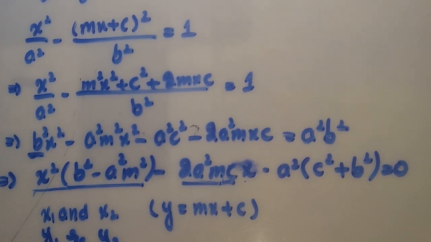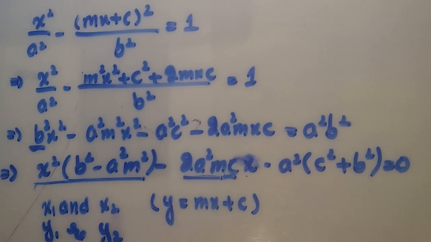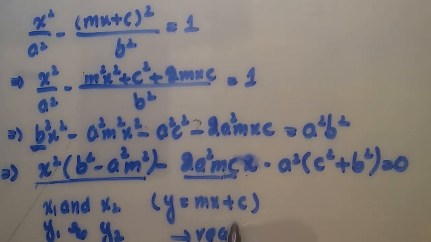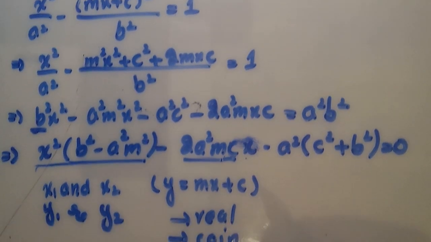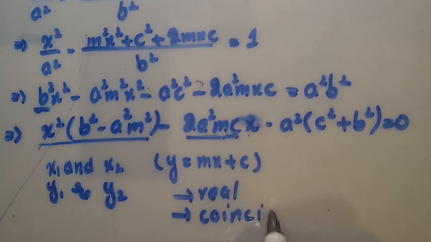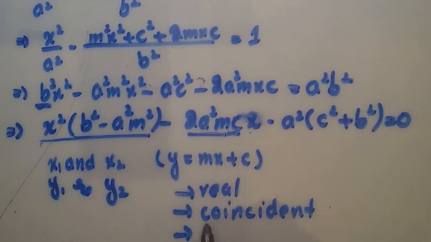Dependent upon these, the values may be real, coincident, and imaginary. How will we observe whether these values are real or imaginary?